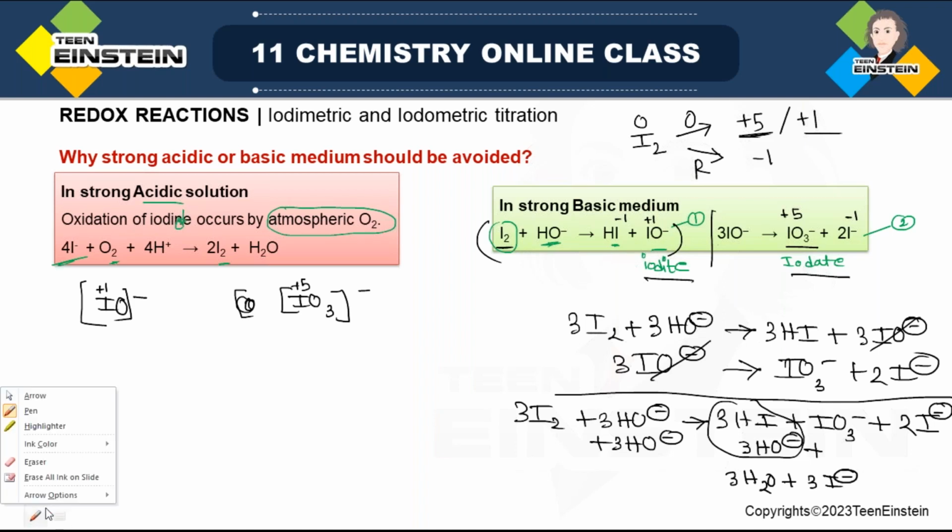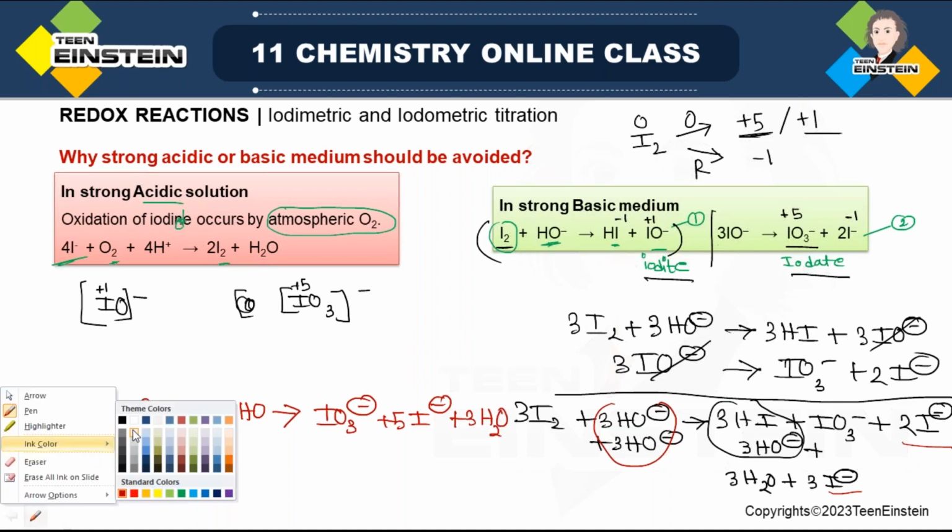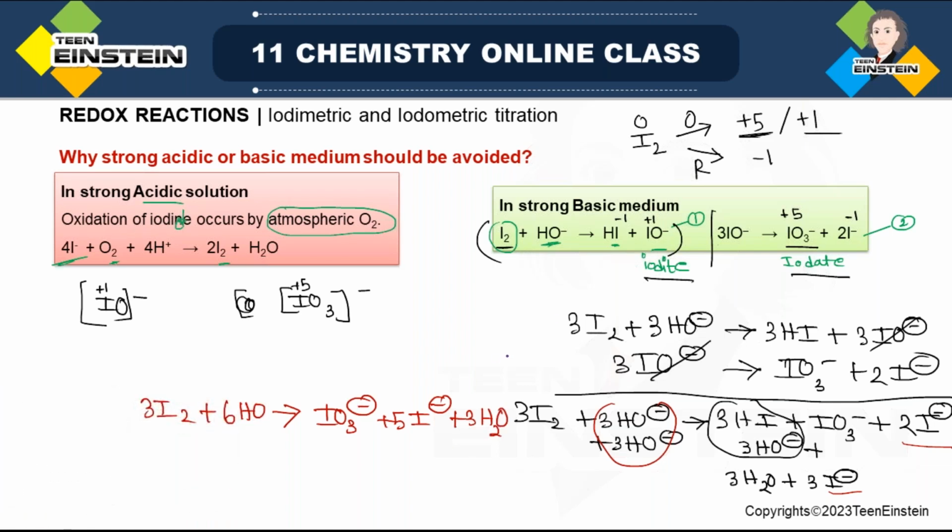The purpose of doing this is that this equation you can now write in this way: 3 iodine, 6 HO minus on the left-hand side, and on the right-hand side IO3 minus, 5 I minus, and 3 water.